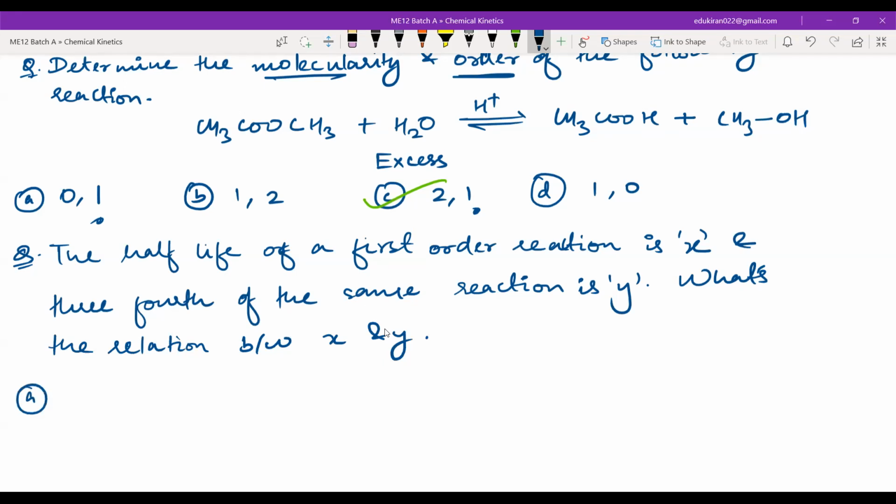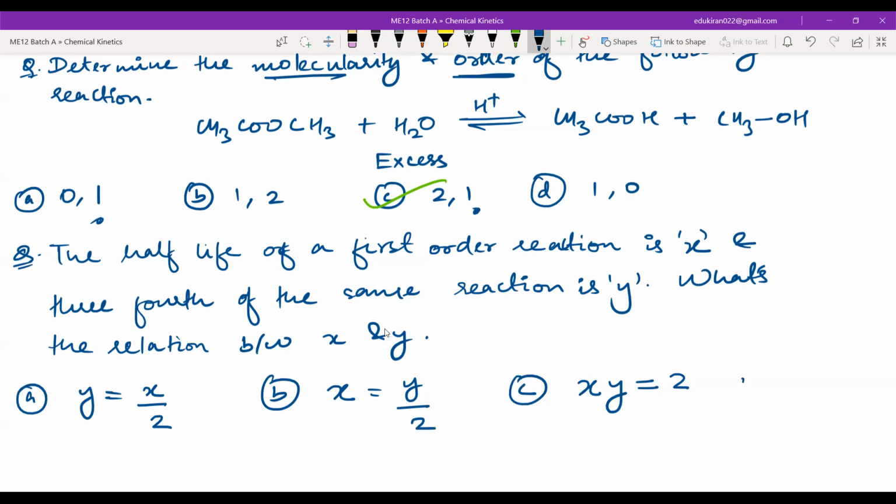A. Y is equal to half of X. B. X is equal to half of Y. C. X and Y is equal to 2. Or D. X by Y is equal to 2.